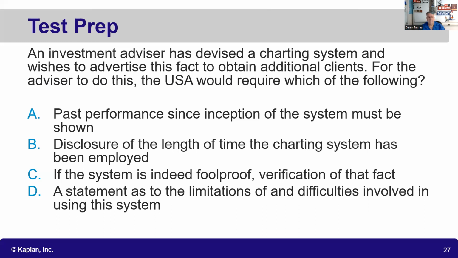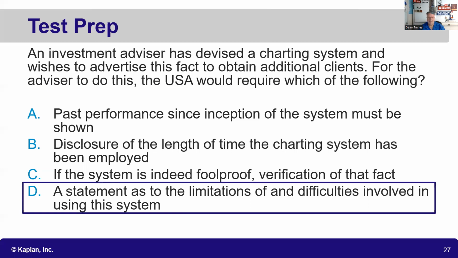B, disclosure of the length of time the charting system has been employed. C, if the system is indeed foolproof, verification of that fact. Oh my goodness, you could toss that one out right away. D, a statement as to limitations and difficulties involved in using the system. Given that answer set, I think D is my best answer. That makes the most sense. D as in dog.